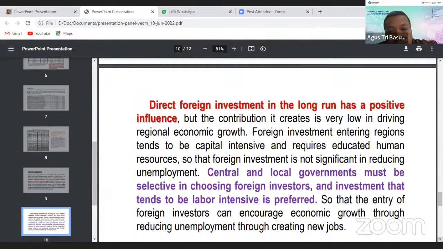Central and local government must be selective in choosing foreign investors, and investment that tends to be labor intensive is preferred, so that the entry of foreign investors can encourage economic growth through reducing unemployment and creating new jobs.